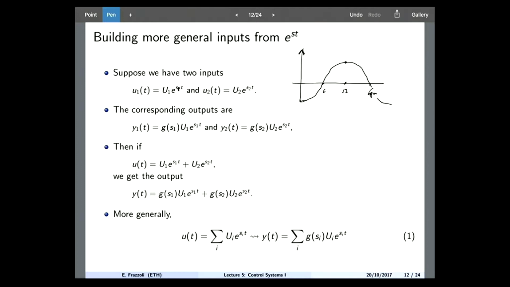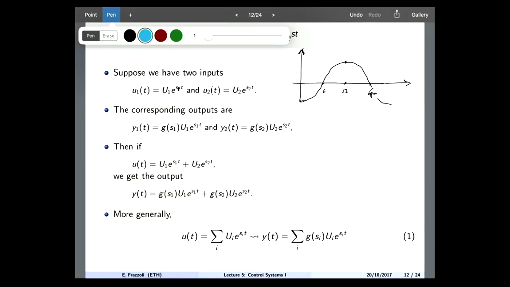So what is the input? The input clearly is a sinusoid. What is the period of this sinusoid? 24 hours. Now, how do you think that the temperature in your cabin will change? What is the hottest time of the day?